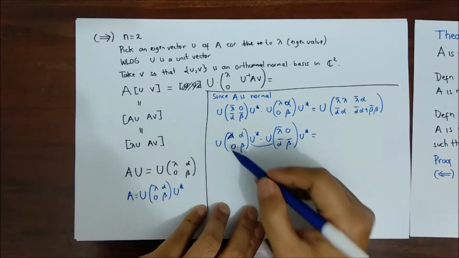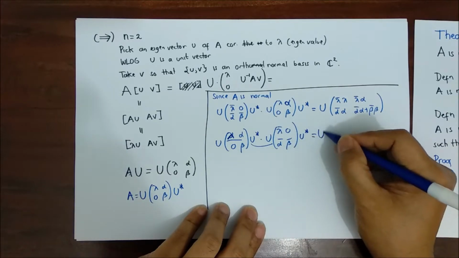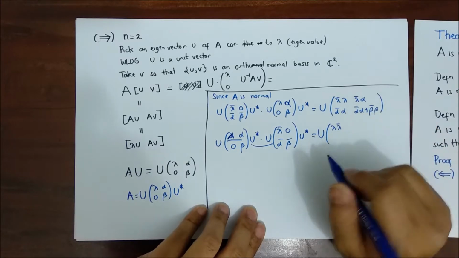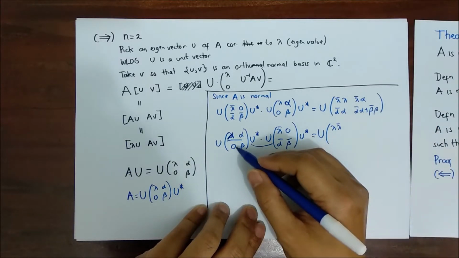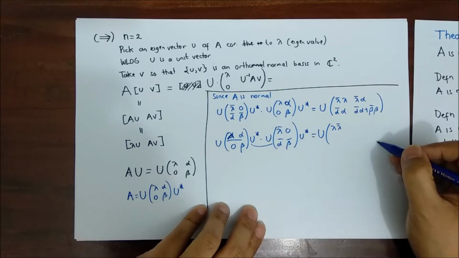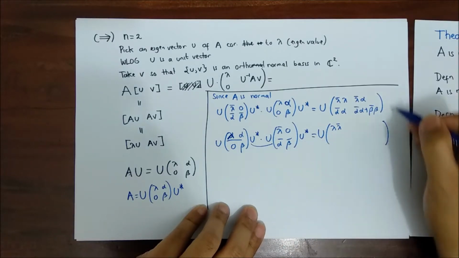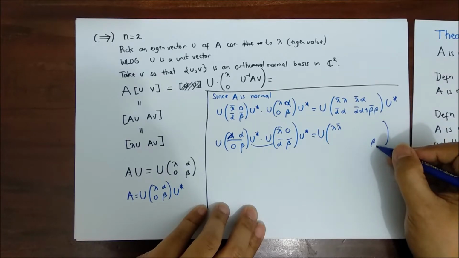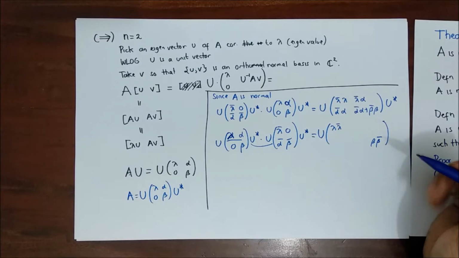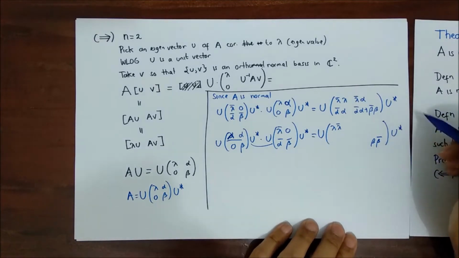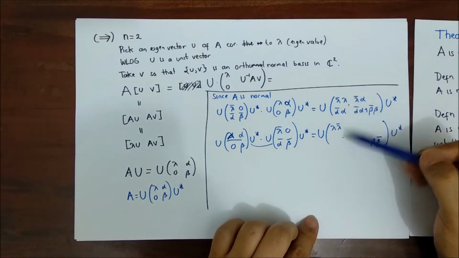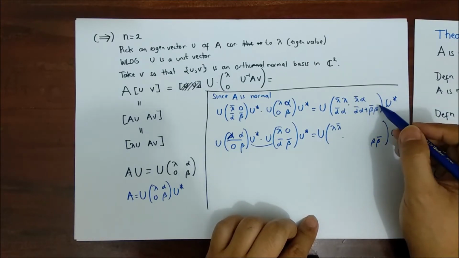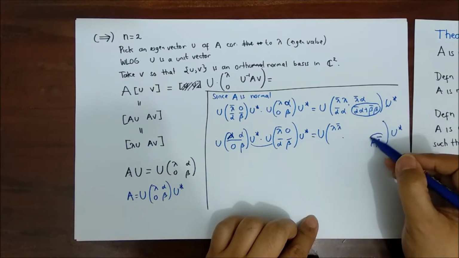So if we multiply this and that column, the important part is the last entry, the corner entry here. Over here we have beta star, beta bar. So we can cancel the U and the U star, because the two are equal, and therefore we can conclude that this must be equal to that.